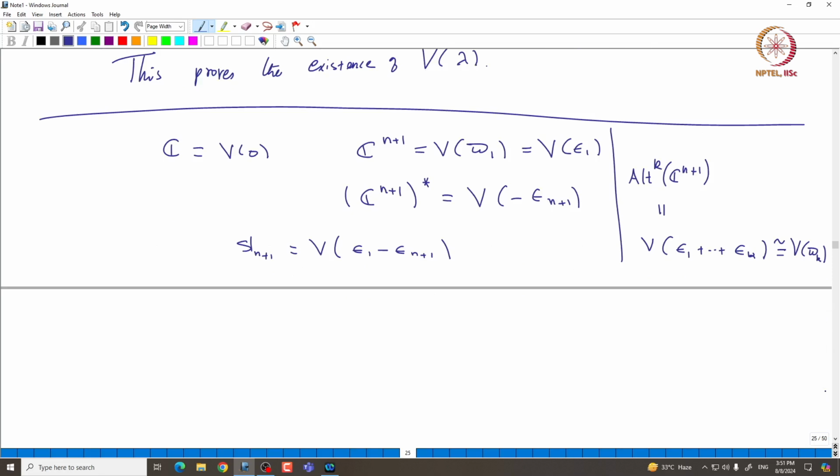So this is the translation between the epsilon a basis and the omega basis.